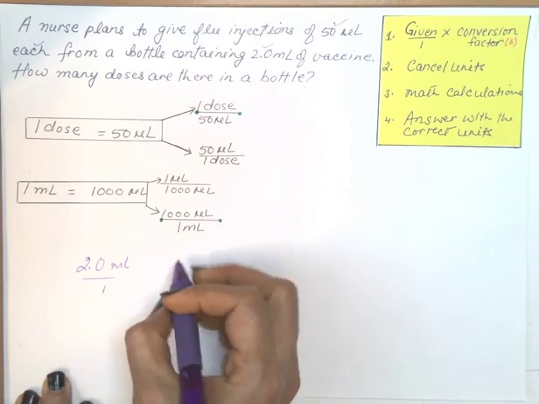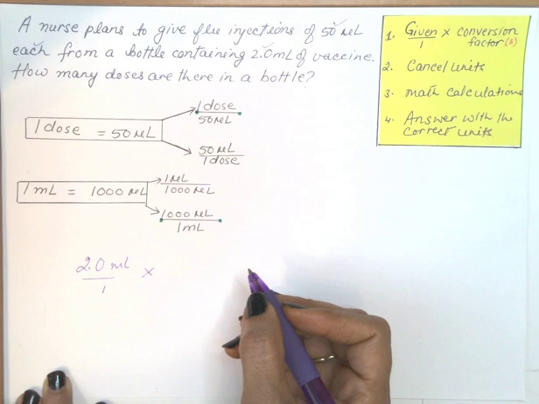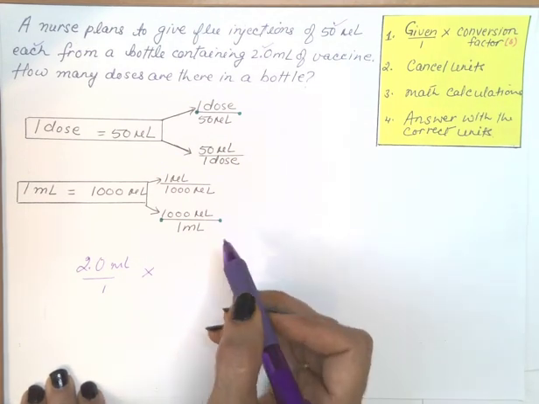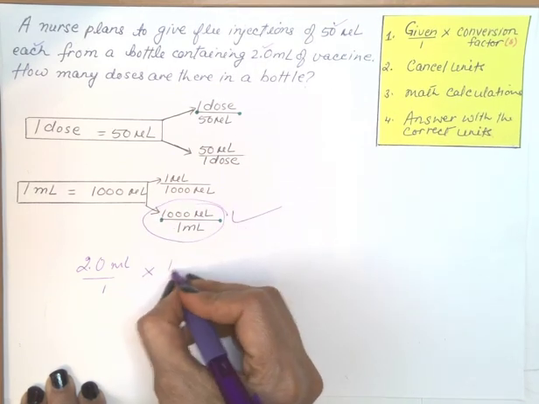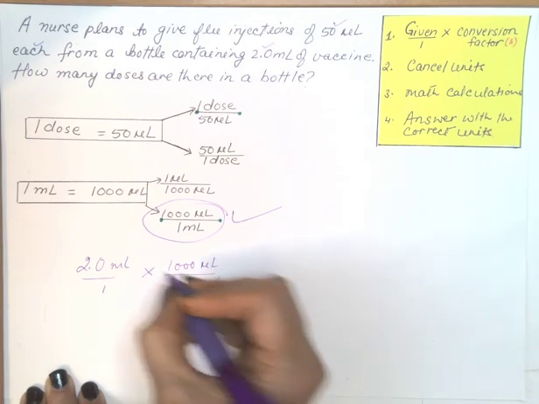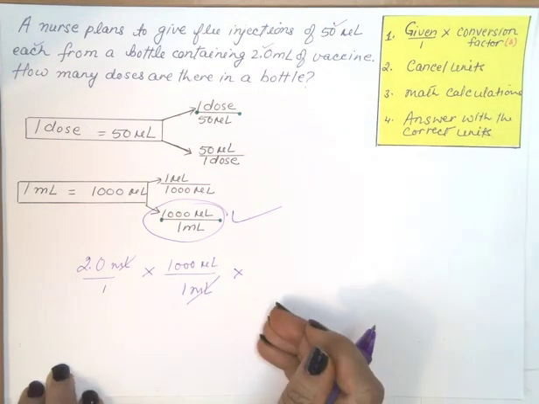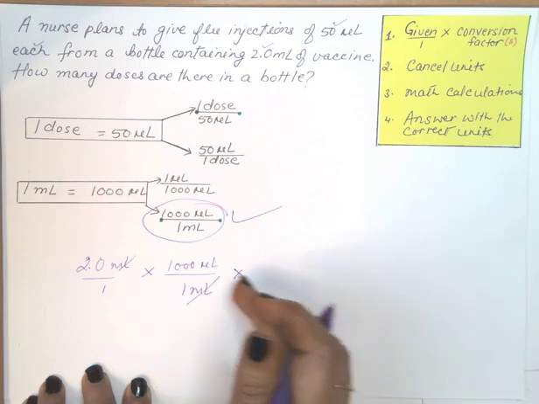milliliters over 1 times, I don't want milliliters anymore. What do I want? I want microliters. So let's see the relationship here. Since I want microliters, I'm going to pick this fraction, but 1 milliliter. Cancel out microliters and microliters. Now I'm going to look for the relationship between microliters and doses because I need the answer in doses.